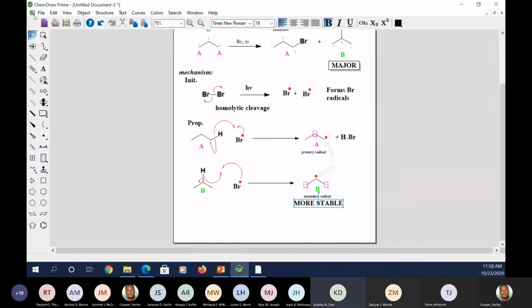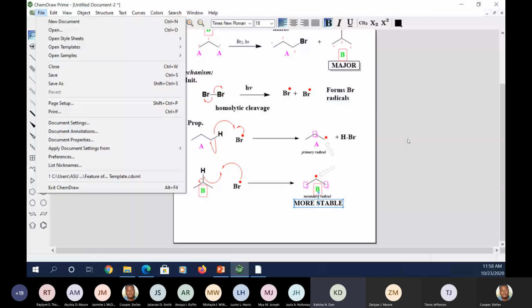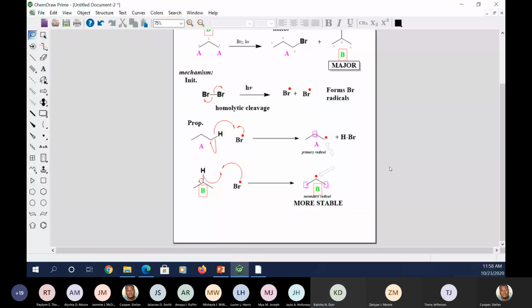Wait, can you explain that again? Why was that more stable, the major one? Yeah, it's more stable because of the number of carbons attached. Carbons are electron-releasing or electron-donating atoms. So when I have more carbons around a radical, I stabilize it better because they can release electrons to it. Radicals are electron deficient. I need people around that can share electrons with me. A carbon doesn't mind sharing electrons with another carbon. So the more carbons around the radical, the better. That's why it's more stable.